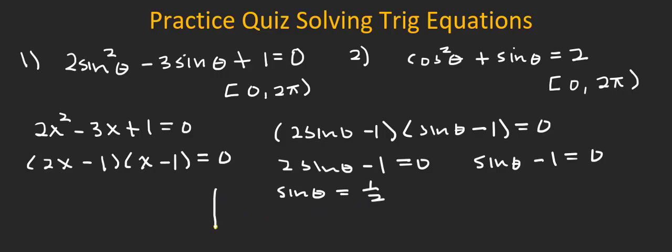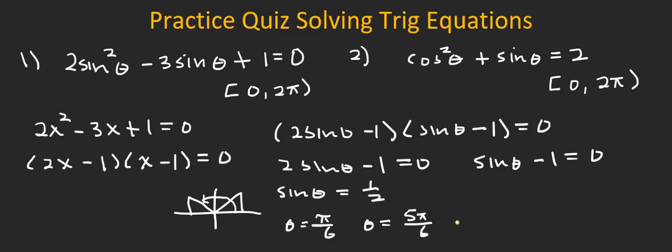And you know that sine is positive in the first and the second quadrant. So that means theta has to be pi over 6. And what is the angle from here to here? That's going to be pi minus pi over 6, which is 5 pi over 6.